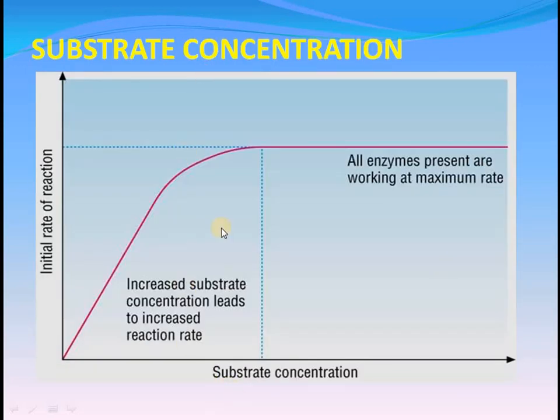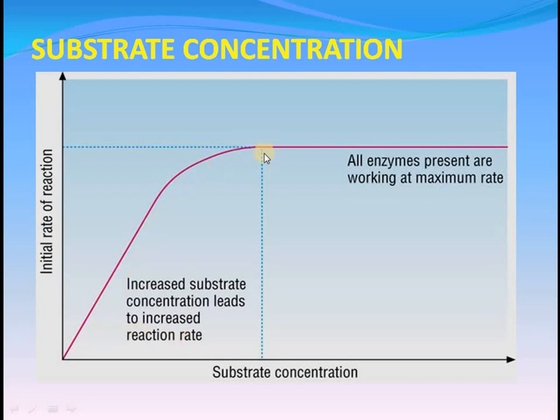Now here is the graph for substrate concentration. Here is substrate concentration and here is the initial rate of reaction. So increased substrate concentration leads to increased rate of reaction. When the substrate concentration is increased, it will cause the reaction rate to reach the maximum level.